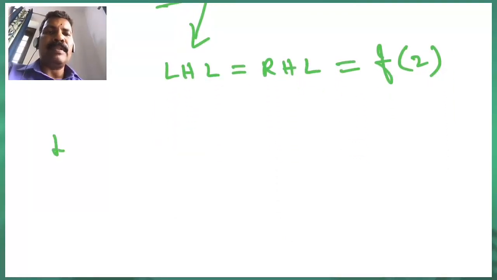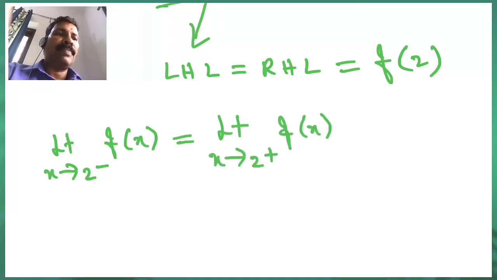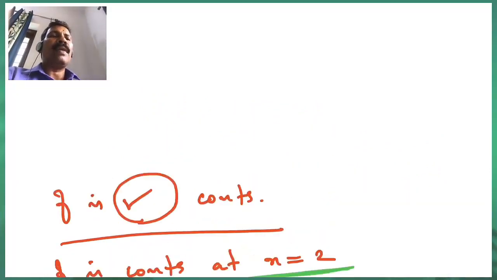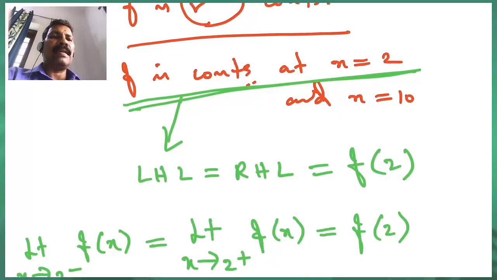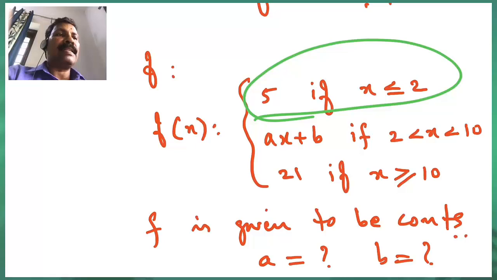So we can utilize that here. That is, limit as x tends to 2 minus, the left hand limit of f of x, is equal to the right hand limit as x tends to 2 plus of f of x, and that is equal to f of 2. Now x tends to 2 minus means x is less than 2. When x is less than 2, the value of the function is 5.